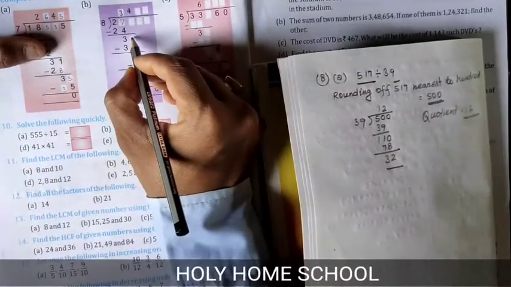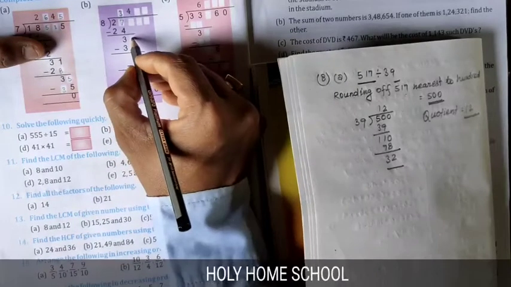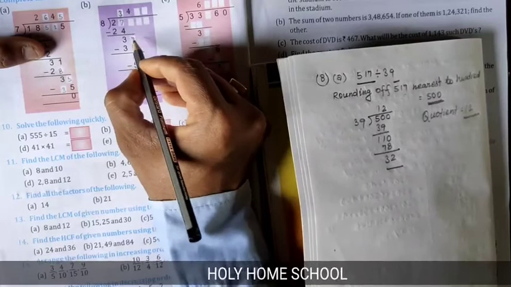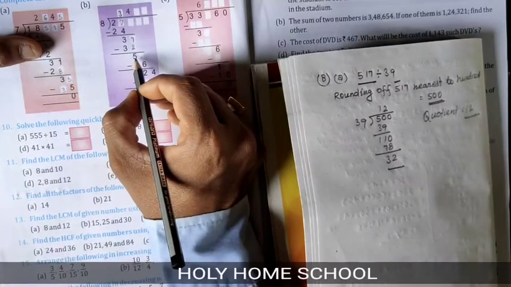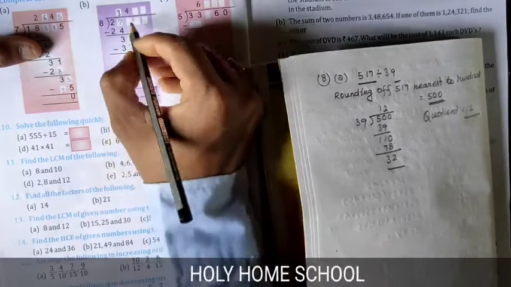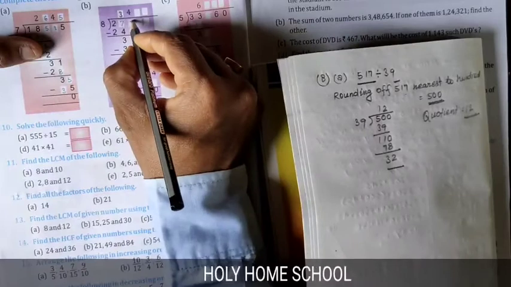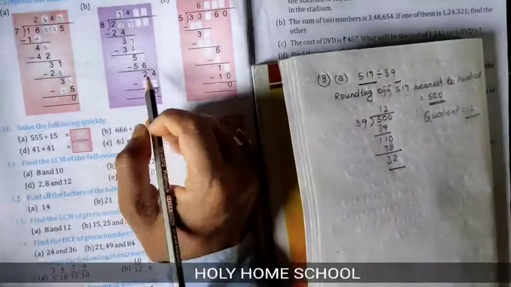Then which number do we put here? Definitely the 7, from which 2 subtracted we get 5, right?